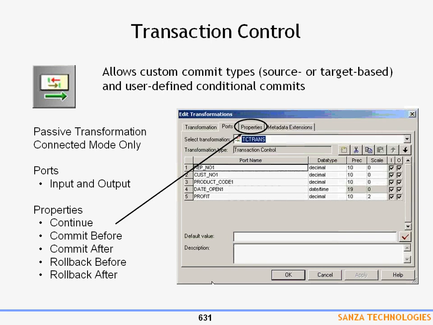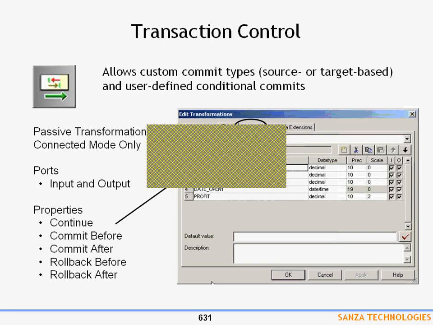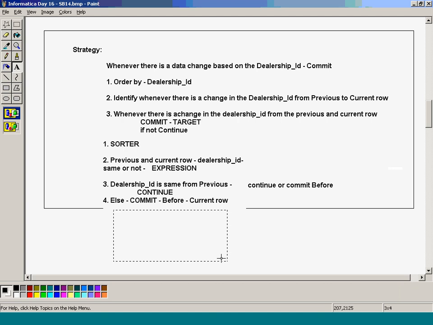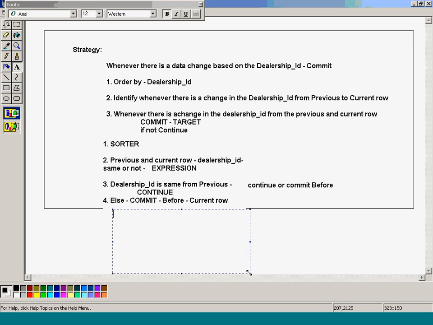That's all it will do. The transaction control transformation sets that on the record when the row goes out of the transformation.